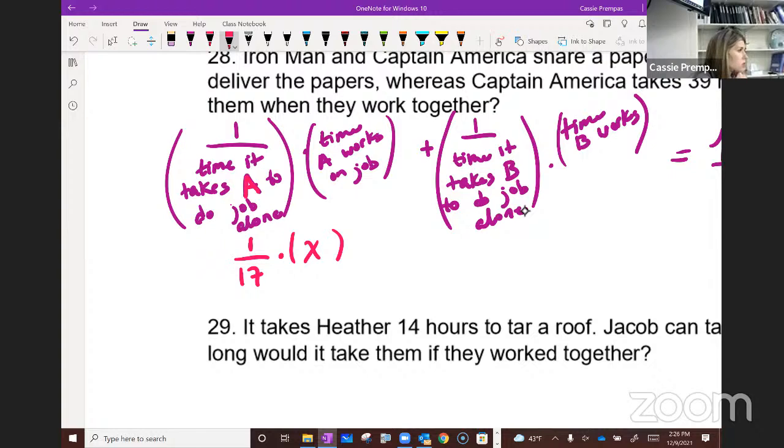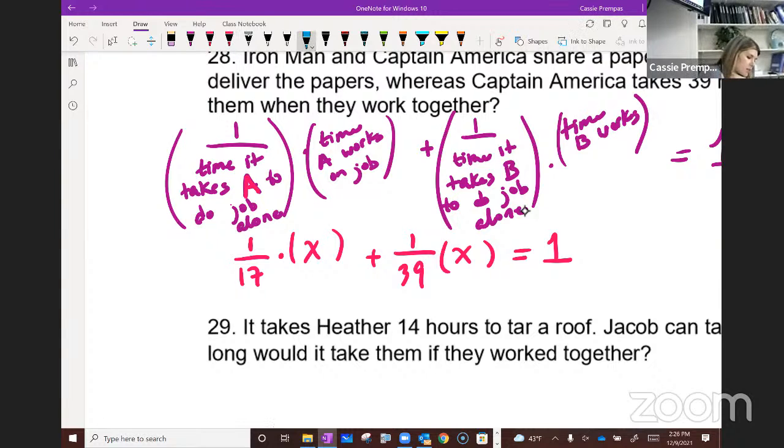Plus 1 over how long does it take Captain America to do the job alone? 39 minutes, multiplied by how long is Captain America going to work on the job? X, the same amount of time as Iron Man works because they're working together, is going to equal the 1 job. Now from here, after the setup, you have to know how to solve mathematically.